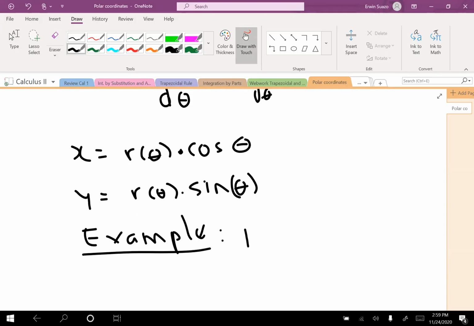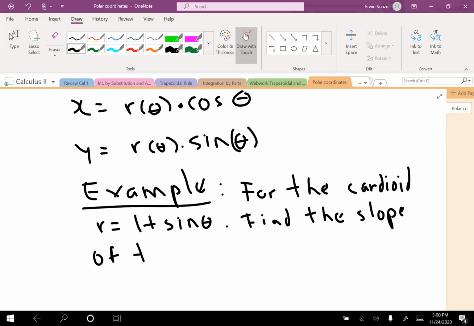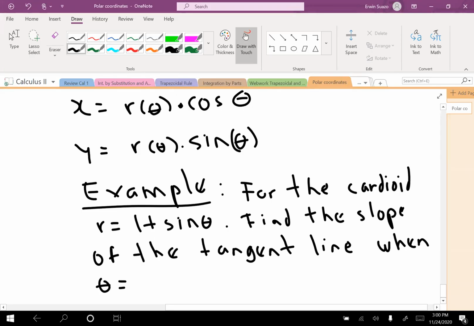For the cardioid r equals 1 plus sine of theta, find the slope of the tangent line when theta equals pi over 2.